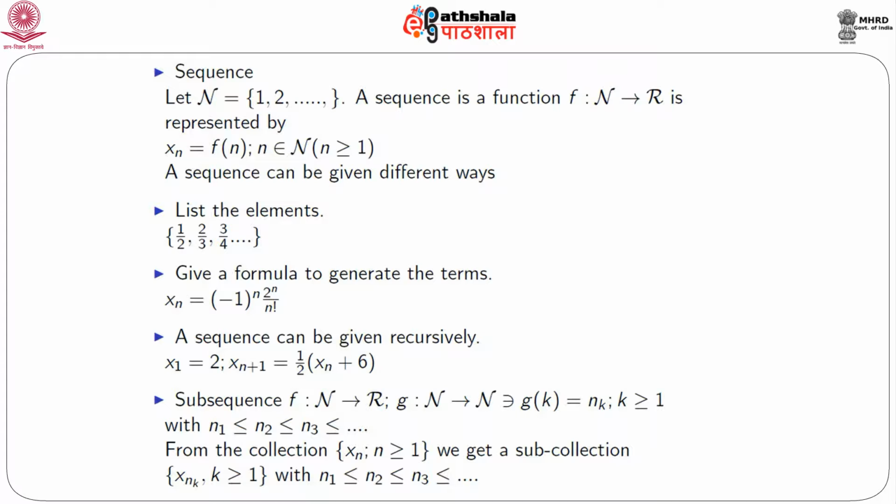So, this is called a subsequence. It is a composite mapping. From the collection x_n, this is my sequence, we can get a sub-collection x_{n_k} with n_1 less than n_2 less than n_3, and this sub-collection x_{n_k} is called the subsequence.